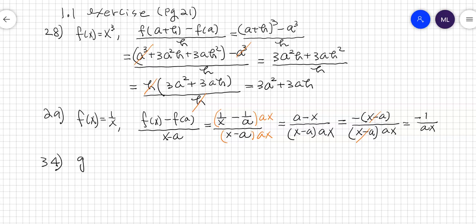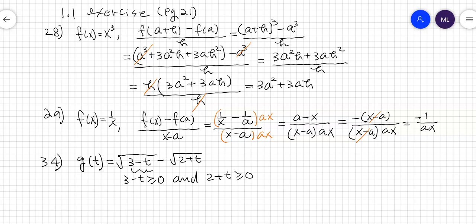34 is g of t is square root of 3 minus t minus square root of, is it 2 plus t? So we have to satisfy two conditions. The first one is 3 minus t has to be greater than or equal to 0, and 2 plus t also has to be greater than or equal to 0.